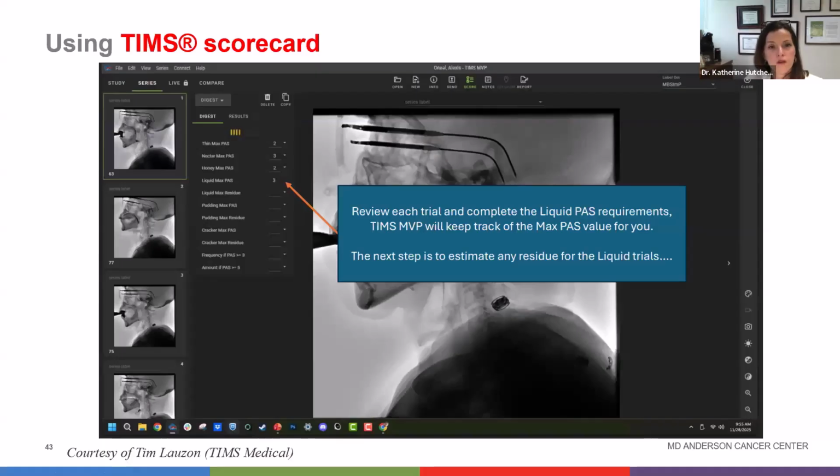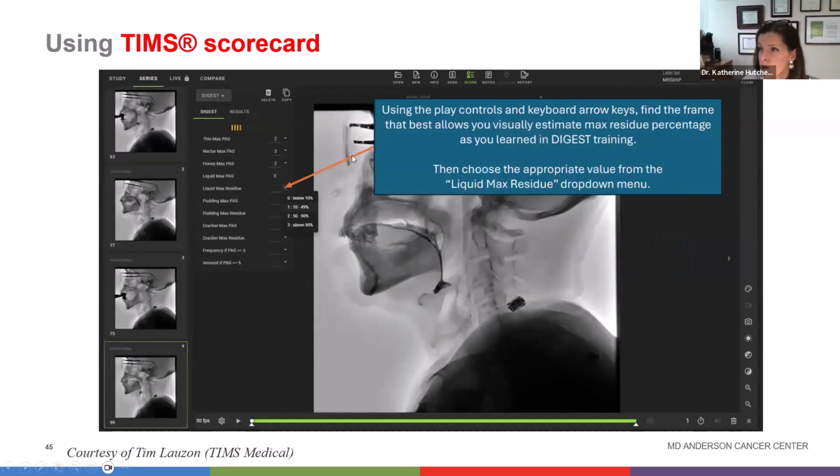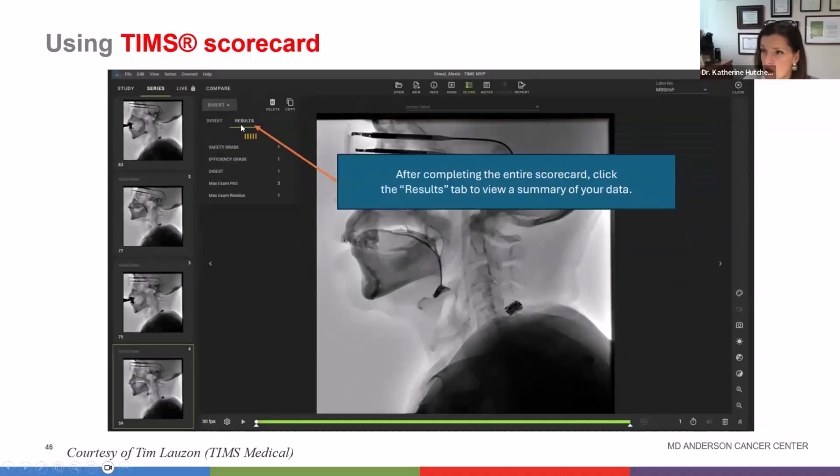That's what the software is doing in the background for you, organizing those results and pulling them into the final tab, which is here. That will give you the maximum PAS, the maximum residue, and the safety, efficiency, and overall Digest grade. So it automates the calculation, the crosswalk of that flow sheet, for you.